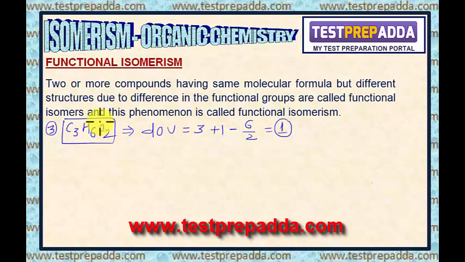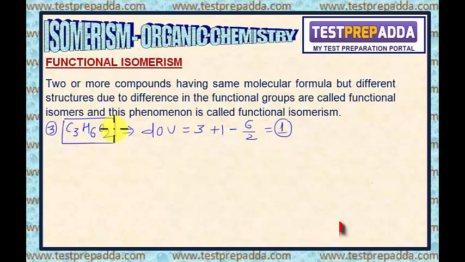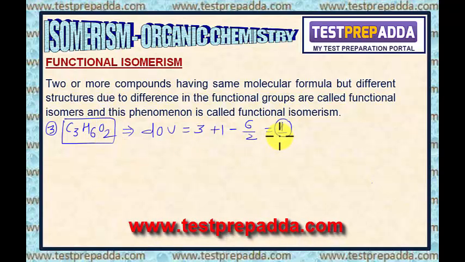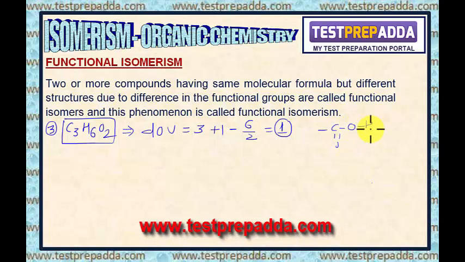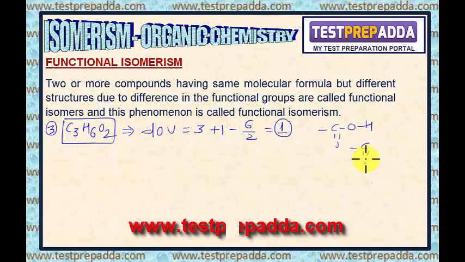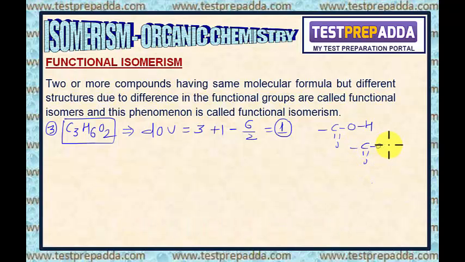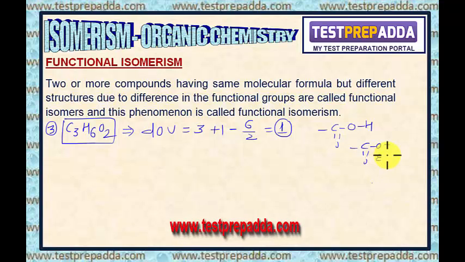So think about those functional groups where the number of oxygen atoms is 2 and the degree of unsaturation is 1. You can think about carboxylic acid. You can think about its derivative, ester.